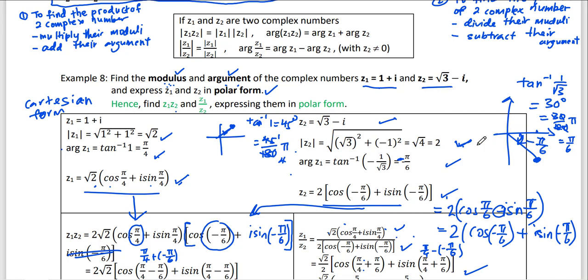If both are negative, it will be here, but you see a positive, because y negative and x negative give a positive. So you need to know where the complex number is first. Only then can you decide what argument to put.